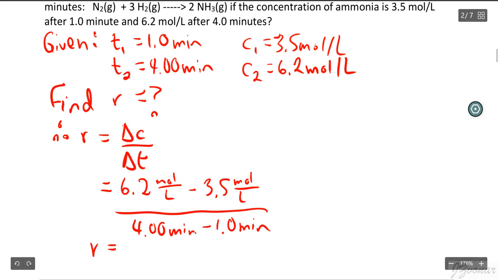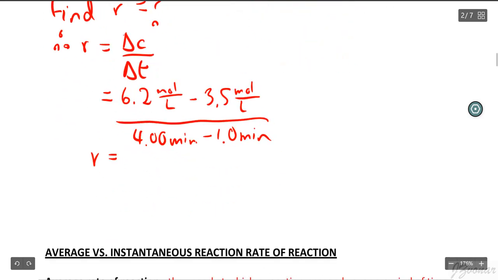Solving, and we get an answer of 0.90 moles per liter minute.